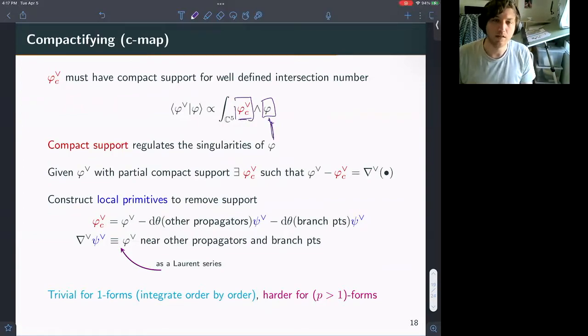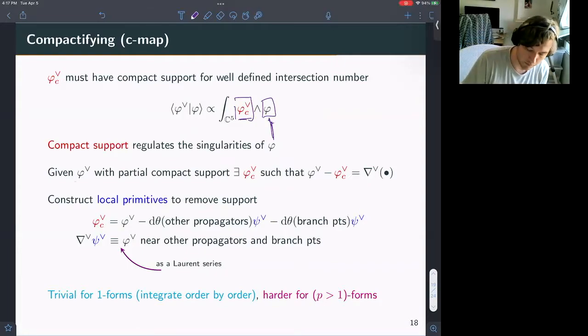And it turns out that if you're given some phi with either no compact support or partial compact support, we can construct this phi c such that their difference is a total derivative.